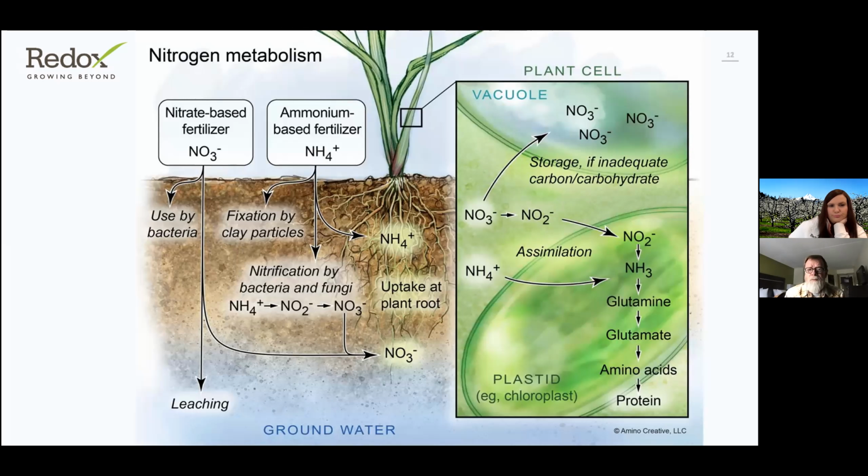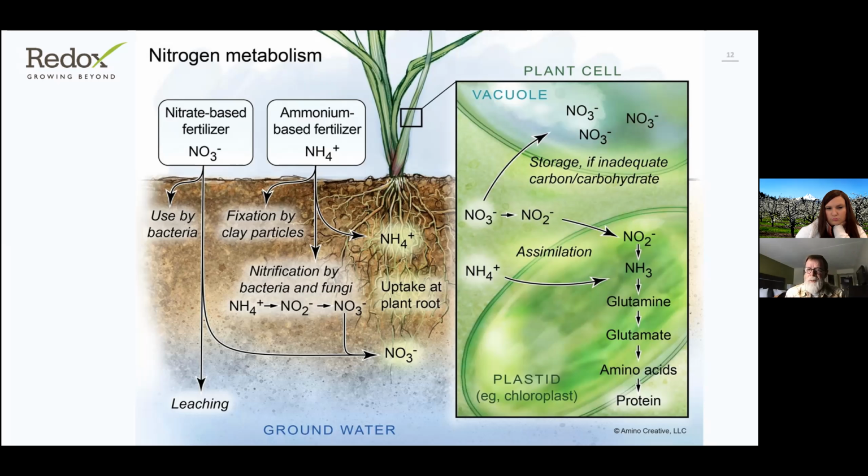So let's talk about the fate of nitrate-based fertilizer for a minute. We know that due to its negative charge, it can be leached. We also know that plants take up nitrate nitrogen very rapidly. We also know that it can be utilized by bacteria. So let's take a look at ammonium-based fertilizer for a moment. Ammonium can be taken up by the plant.